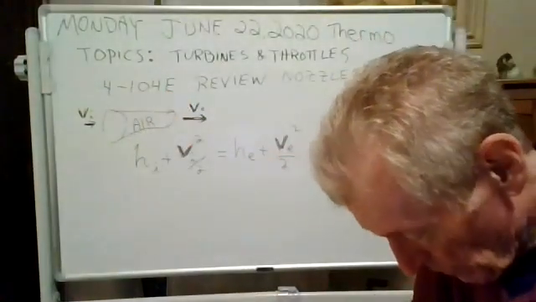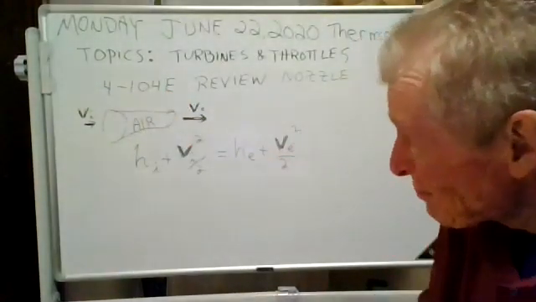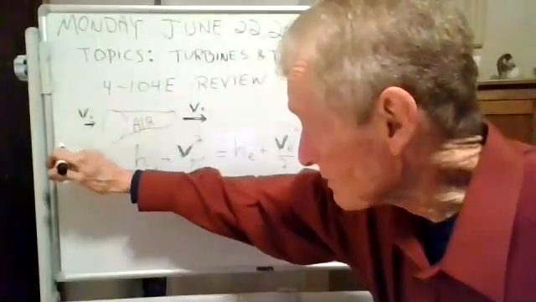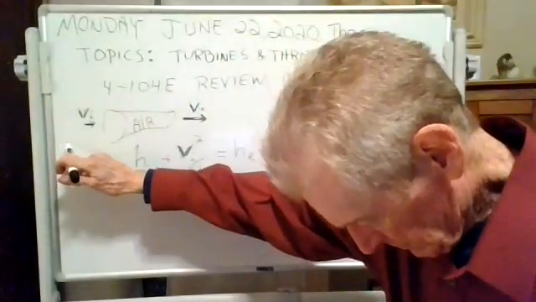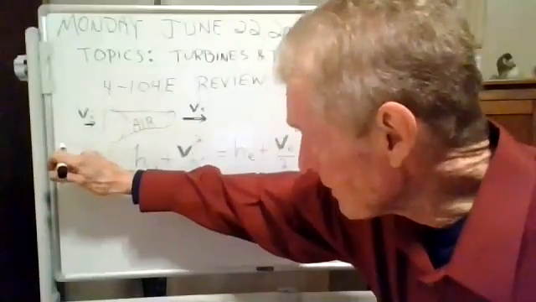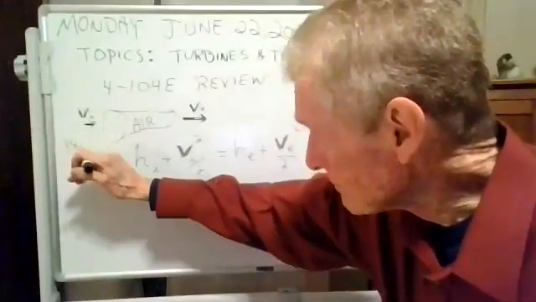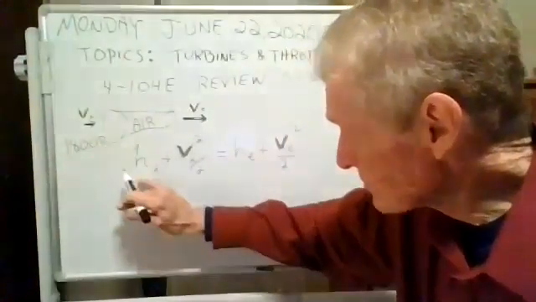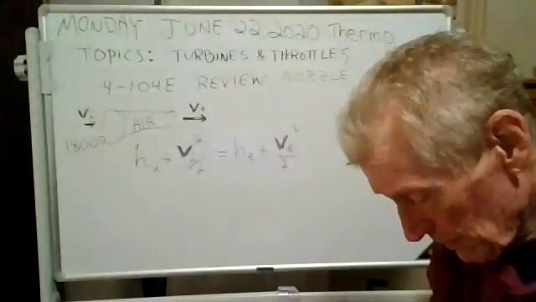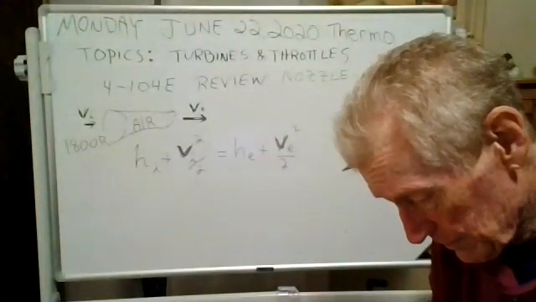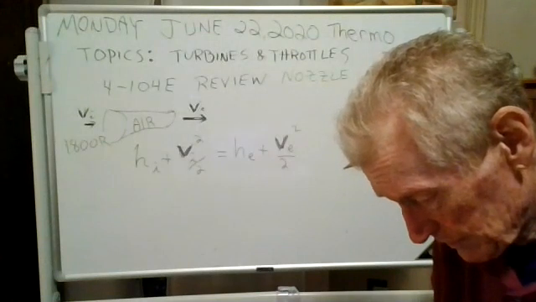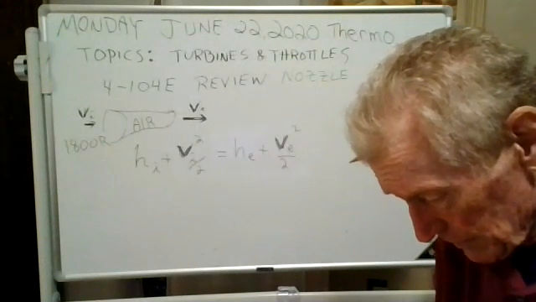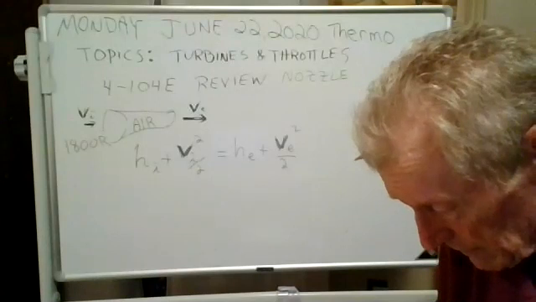So if you have 1800 Rankine, you just look it up. Okay, I'm going to do that now. I'm going to find 1800 Rankine. Here it goes. All right, 1800 Rankine.